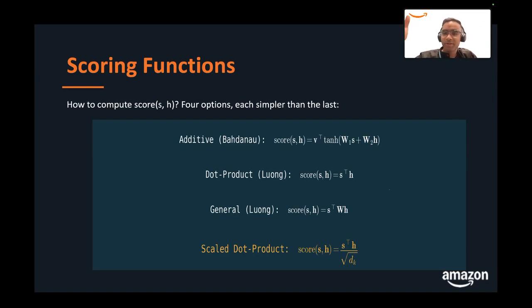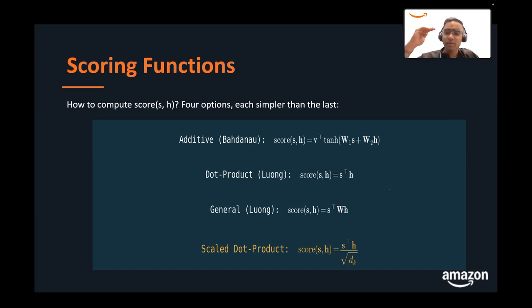The next option, which forms the heart of modern LLMs, is the scaled dot product. We will see that this idea gets extended in the Attention Is All You Need paper. The score of S and H is again quantified by a dot product between S and H. We trust those two vectors to be very good at finding similarities between each other.